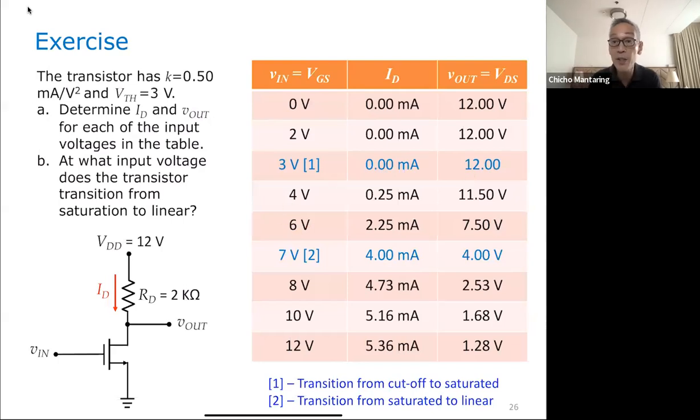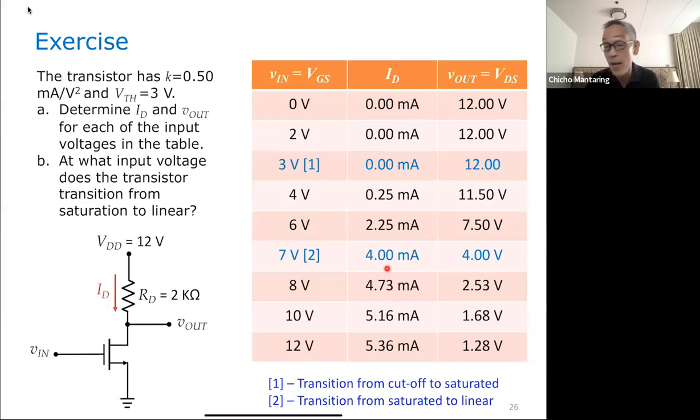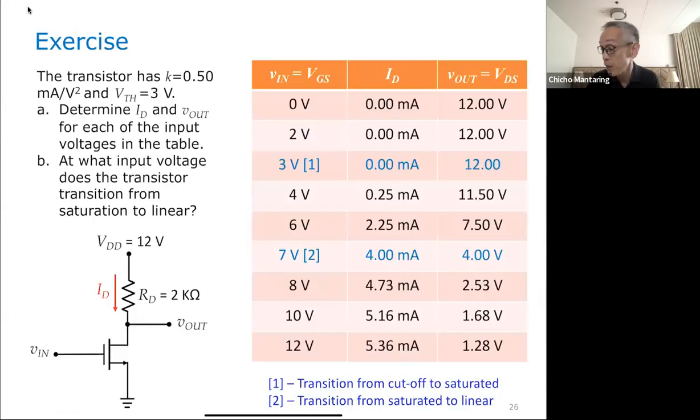Kailan siya magda-transition from saturation to linear? So we just computed that here. That happens when VDS is equal to 4 volts. And if I compute for ID, that corresponds to 4 mA. You can use this formula to compute for ID. So 12 minus 4, which is 8, divided by 2k, that's 4 mA.